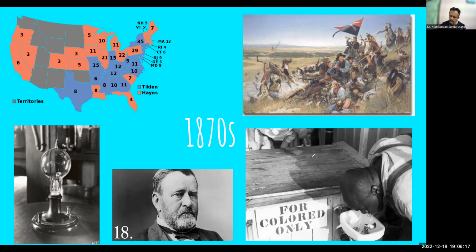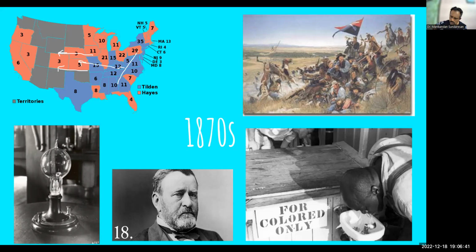And then Native Americans: as more people went to the West, this was a common theme from the start. Native Americans were being pushed off their lands, slowly getting pushed. They were first pushed across these mountain ranges, and as people moved to the industrial West, they were pushed even further.